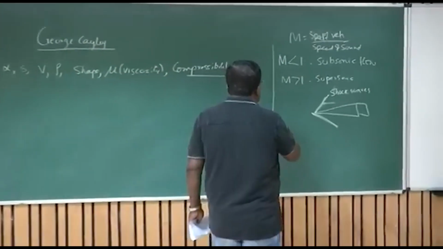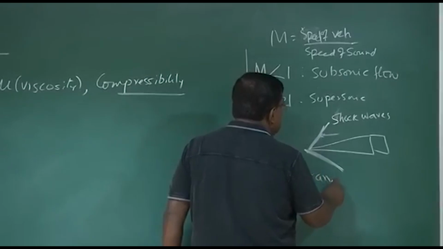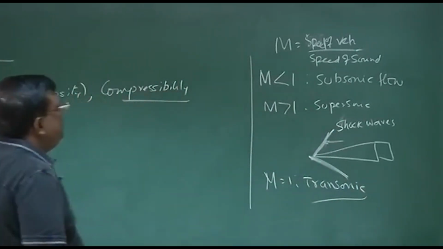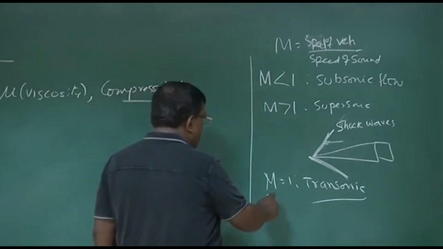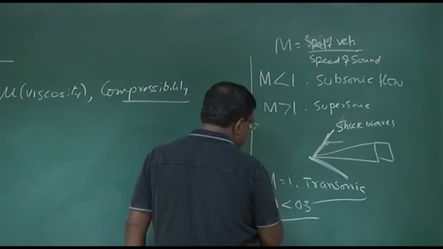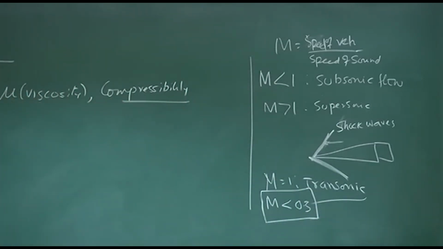It goes without saying, if Mach number equals 1, it is transonic. And we are talking about incompressible flow, that means typically Mach number less than 0.3. Most of our lecture is governed by this condition. So keep that at the back of your mind.